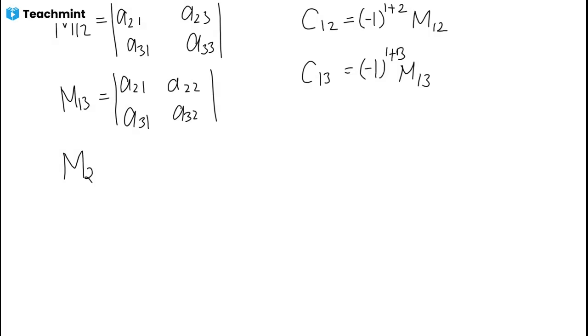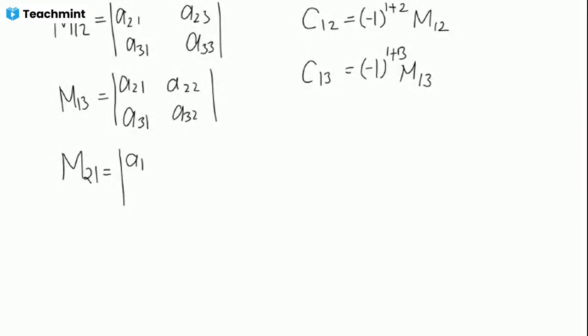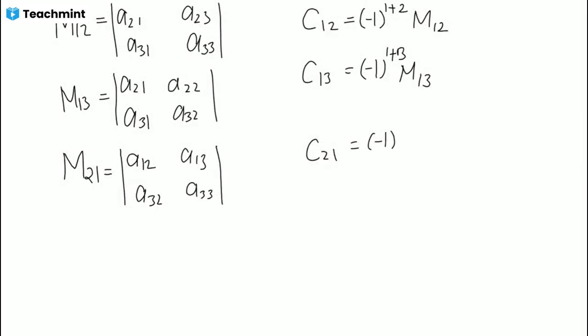Now M21: just leave the elements of the second row and first column and use the rest: A12, A13, A32, and A33. C21 is minus 1 to the power 2 plus 1. And you need to find all of these.